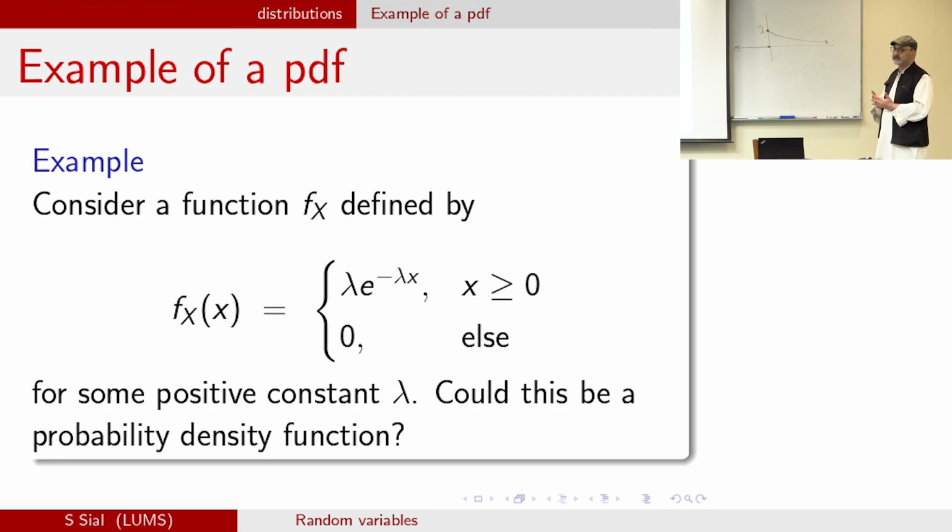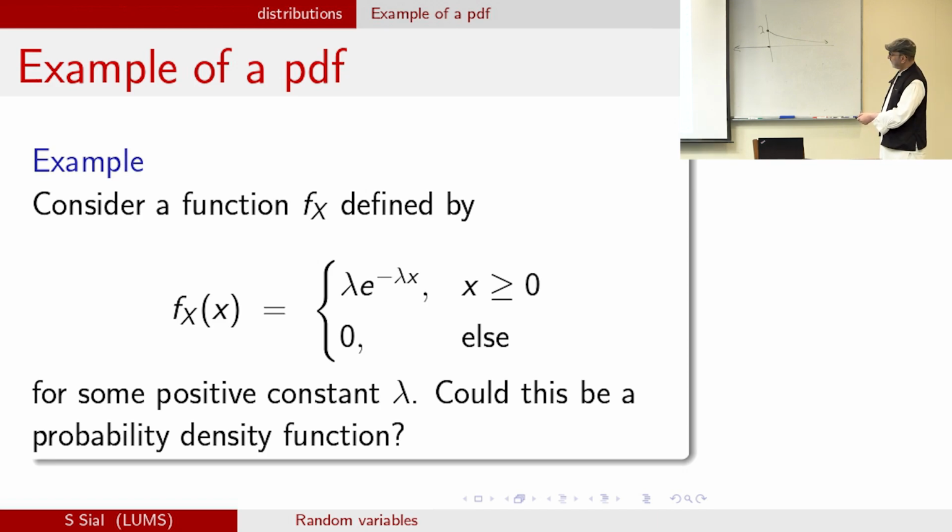Okay, so what do we want from a probability density function? We want all the outputs to be greater than or equal to 0.